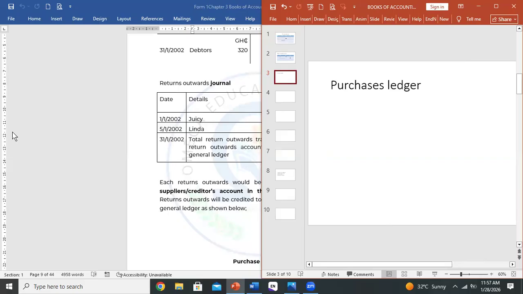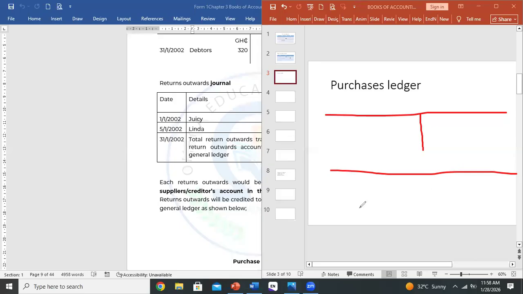Under the purchases ledger, you open one account for Araba Limited, the next account for Araba, and the next one for the last person, Kwesi. And these are creditors. So if you purchase from them, you are going to credit their account. You put in the date, the details will be purchases, and you put the amount there. That's all. Then the return outwards.